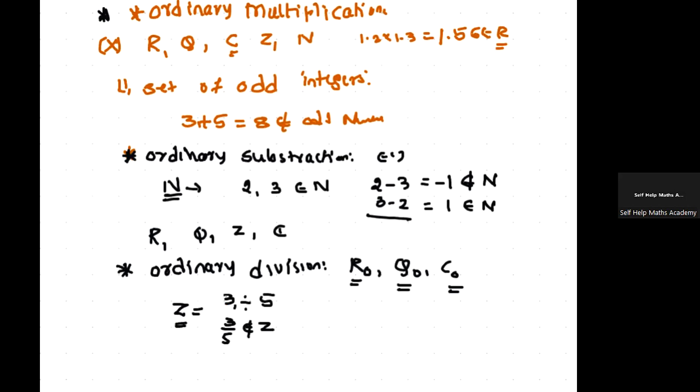Even on the complete real, rational, and complex number sets, ordinary division is not a binary operation; it is a binary operation only on the non-zero real, rational, and complex numbers, which is very important to make a note of.